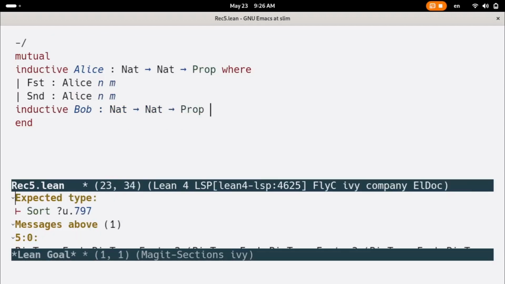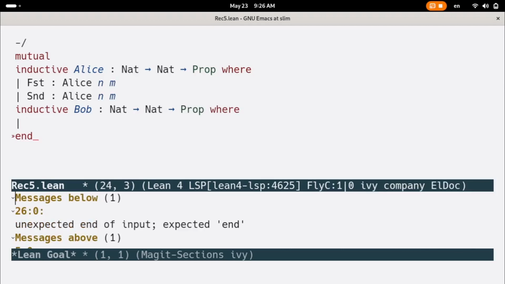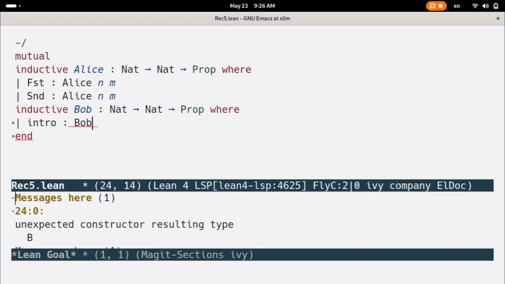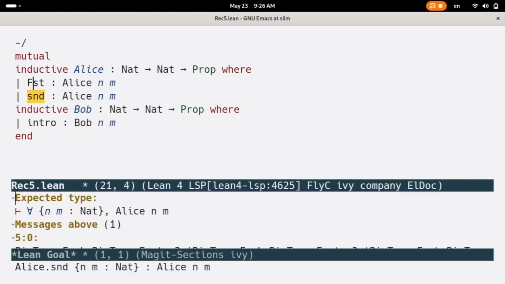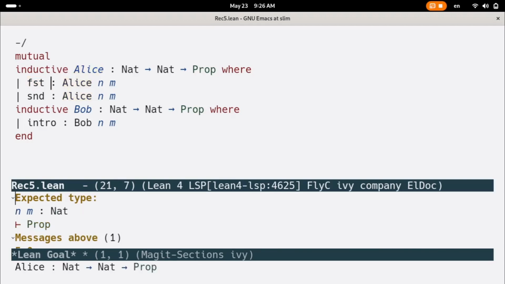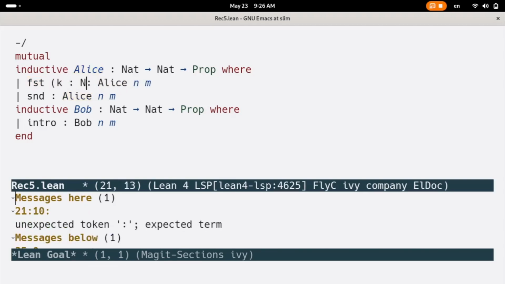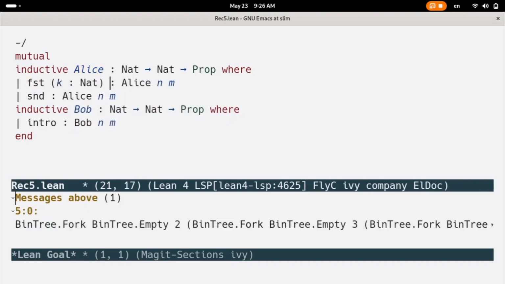Similarly, we have the proposition Bob n m indexed by natural numbers n and m, and there is only one way for Bob to win an n m game, which we call intro. Observe that the structure of the definition is exactly the same as that of a binary tree or XOR.